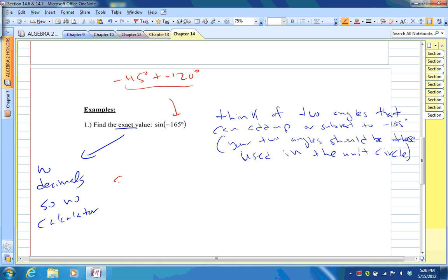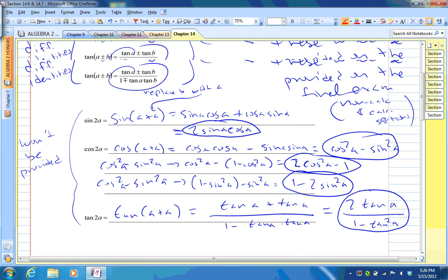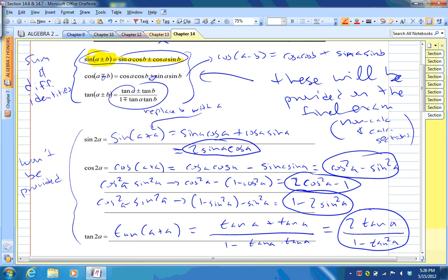So we're going to say this. Sine of negative 45 degrees plus negative 120 degrees will equal the following, where that's A and that's B. And again, I'm using this formula highlighted in yellow.